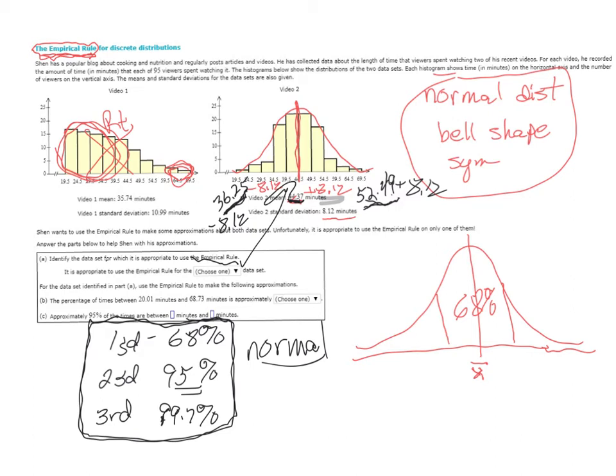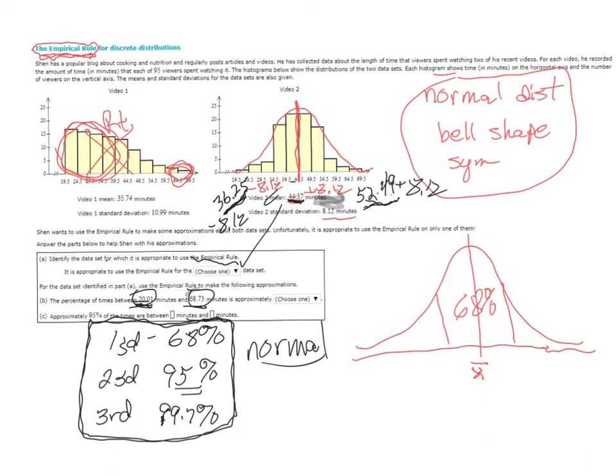All right, the second one, the percentage of times between 20.01 and 68.73. What you would need to do is figure out how many standard deviations these numbers are away from the mean. One way to do that is to start with your middle number, our 44.37, and just keep adding a standard deviation to it until you hit that number.